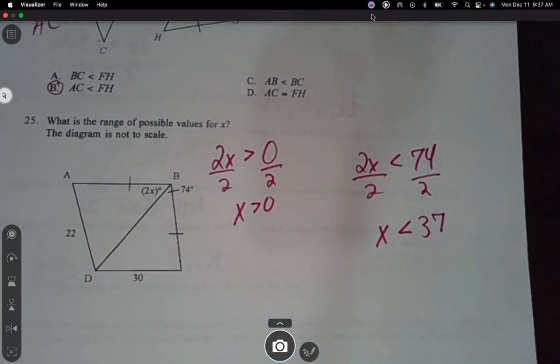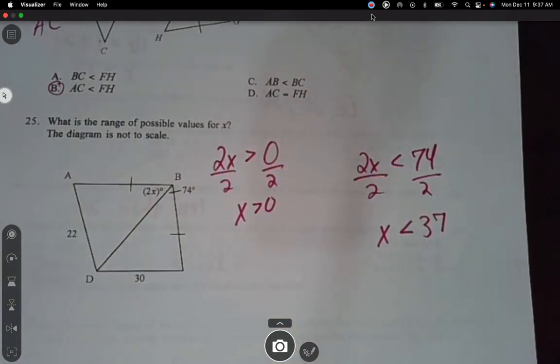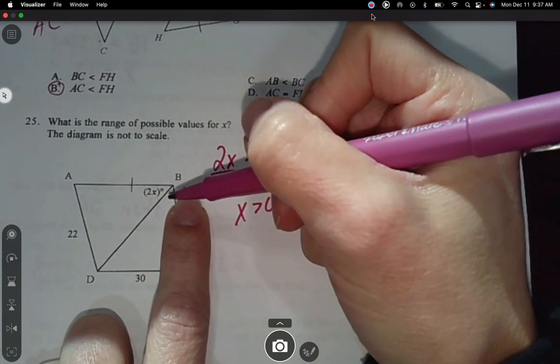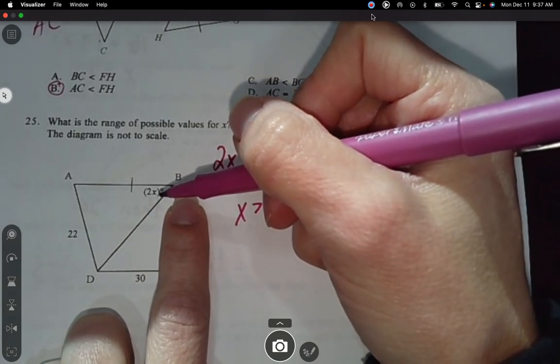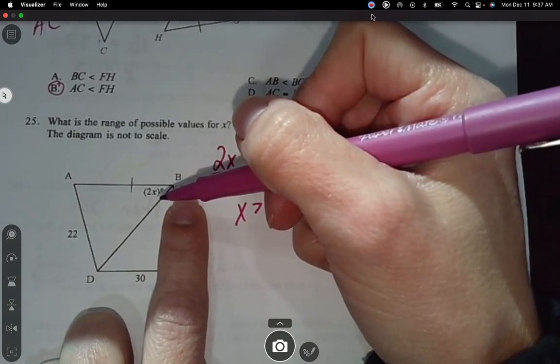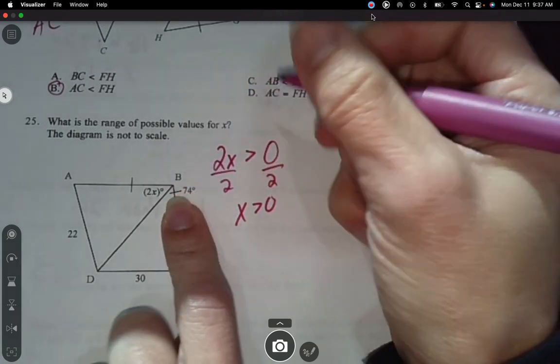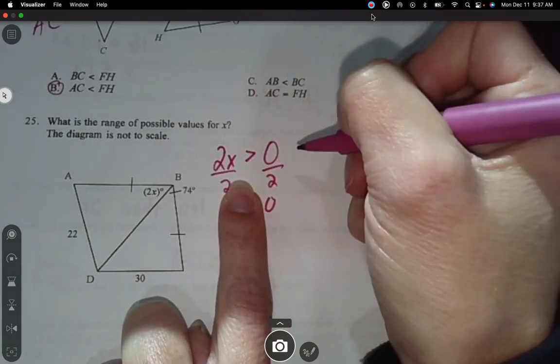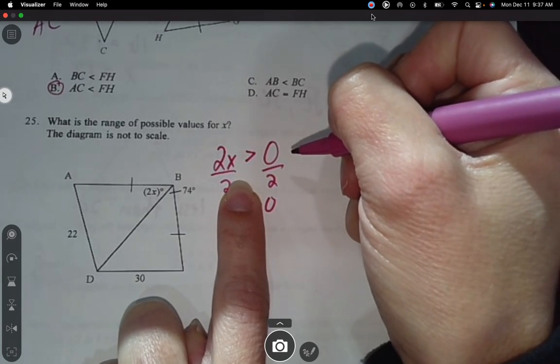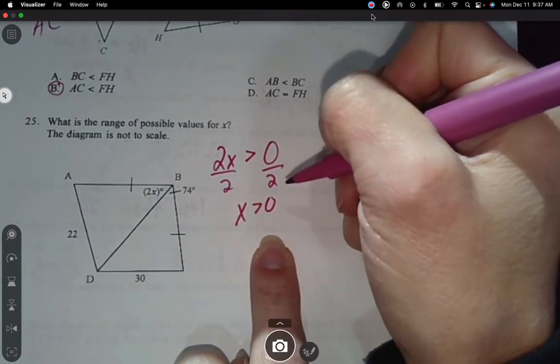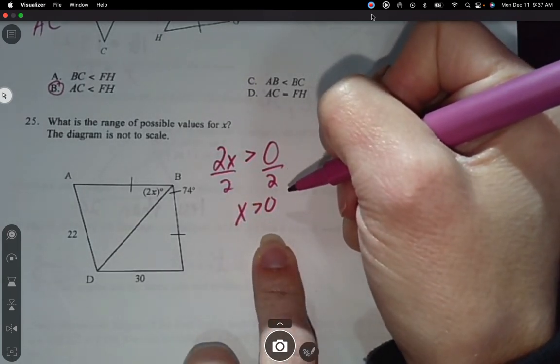Question real quick on this one. Again, it says what's the possible range? That means you're trying to find what it is bigger than and what it is less than. Basically, what two numbers is it between? First of all, the angle has to be bigger than 0. For it to be an angle, it has to be more than 0. So I put that first. 2x has to be greater than 0. How do you solve for x? Divide by 2. So the first thing I know is x is going to be bigger than 0.